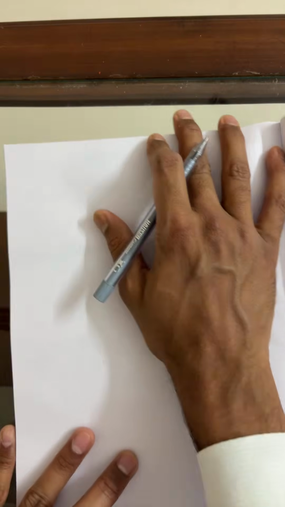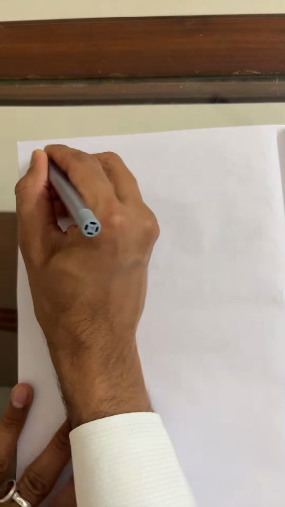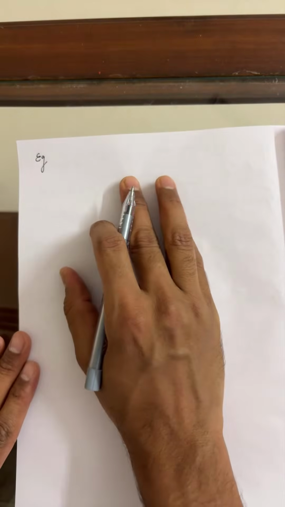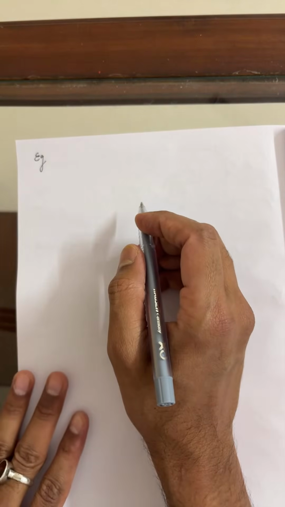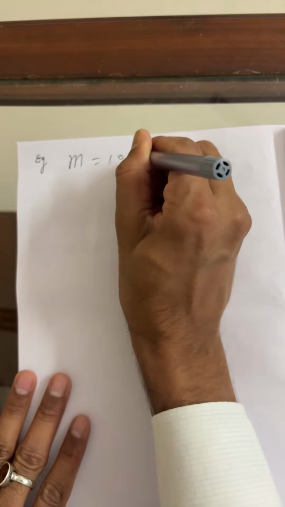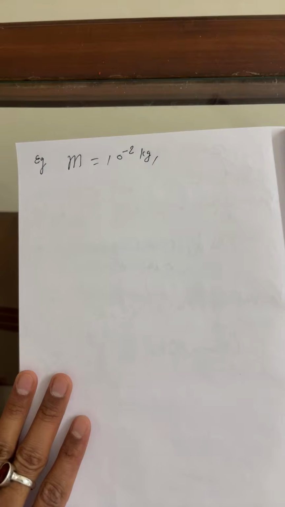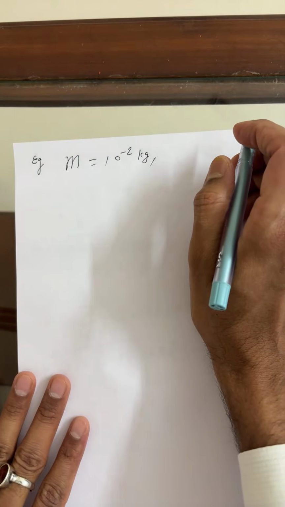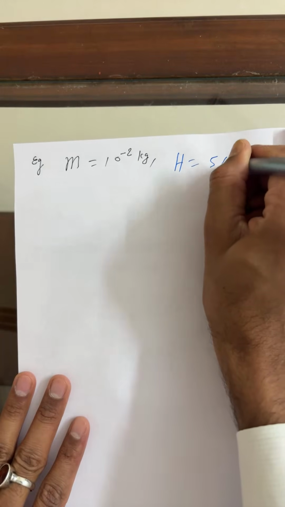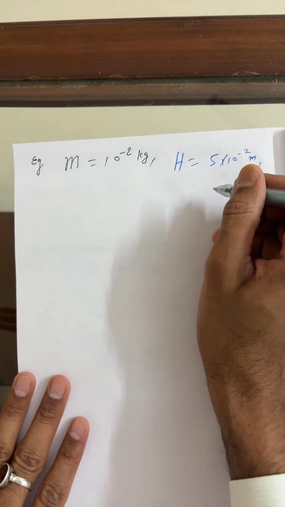So what does the question say? A pendulum bob of mass 10 to the power minus 2 kilogram is raised to a height of 5 into 10 to the power minus 2 meter and then released.